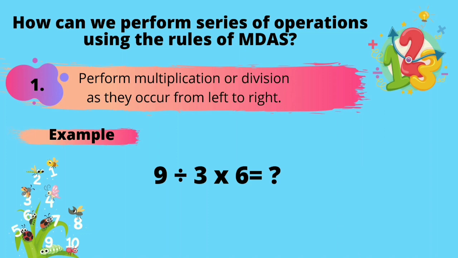Since division comes first in the left, we are going to divide 9 divided by 3 before multiplying it by 6. Another example, 12 times 3 divided by 4. As we can see, multiplication comes first from the left, so definitely we are going to multiply 12 times 3 before dividing it by 4.